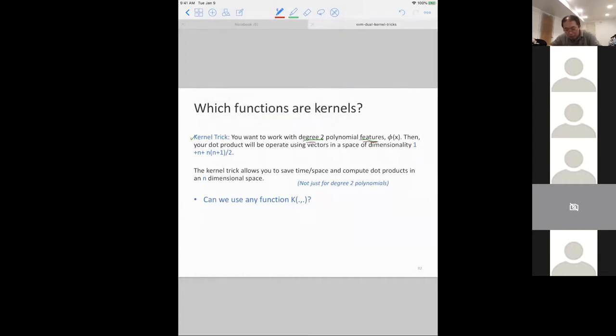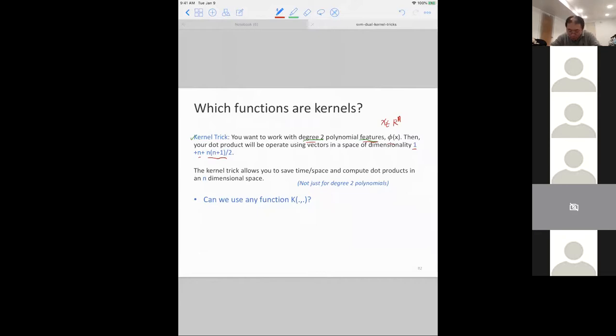Degree 2 polynomial features of x, right? So suppose your original feature vector is n-dimensional. Your mapped feature vector will be 1 plus n times (n minus n plus 1) over 2 dimensional. Why?